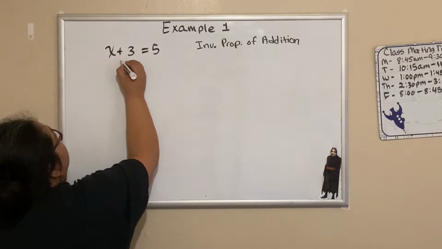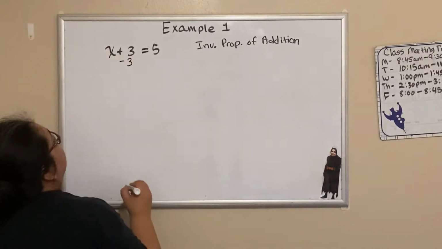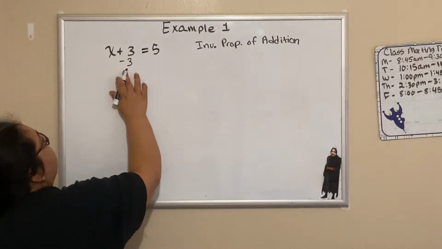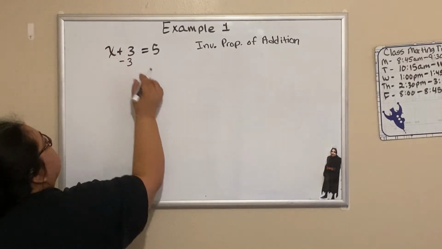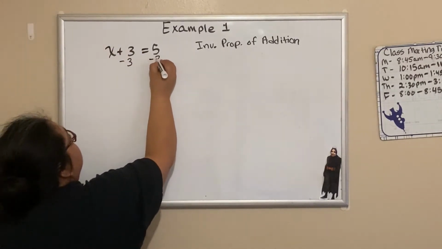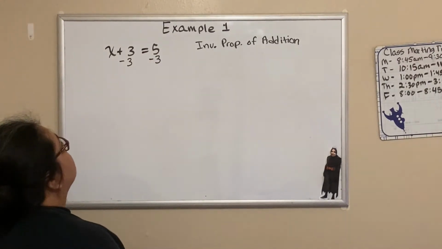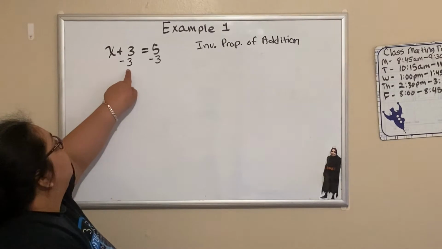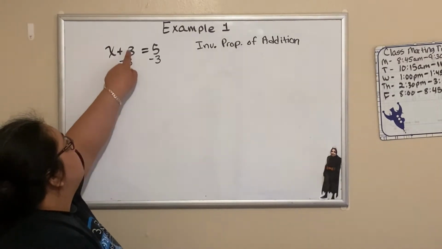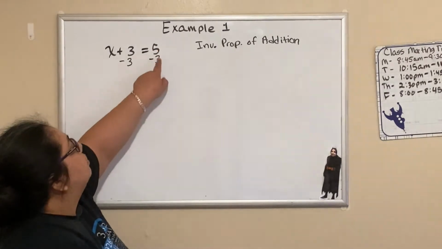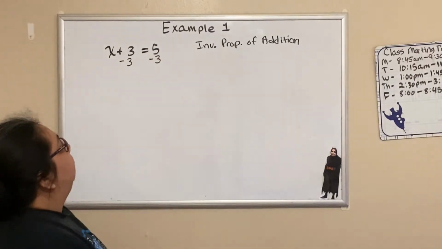We have a positive 3, and we're going to subtract 3. Now, because this is an equation, when I make one change to one side, I have to make the same change to the other side of the equal sign. So putting minus 3 on the x plus 3 side below the 3 means I have to put another minus 3 on the side that has 5.